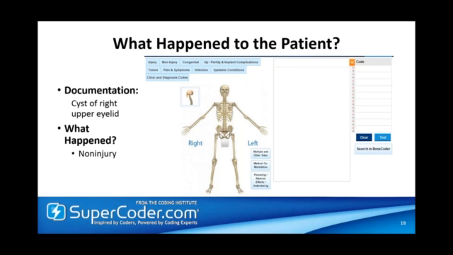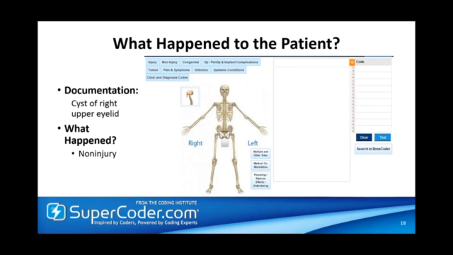So the way that this system works is that you first start across that horizontal bar and you ask yourself, what happened to the patient? Or you look in the documentation. A lot of physicians are using this product, RNs, as well as the coding and billing staff. So this is a universal tool for everyone to get to the correct code in a much faster way.